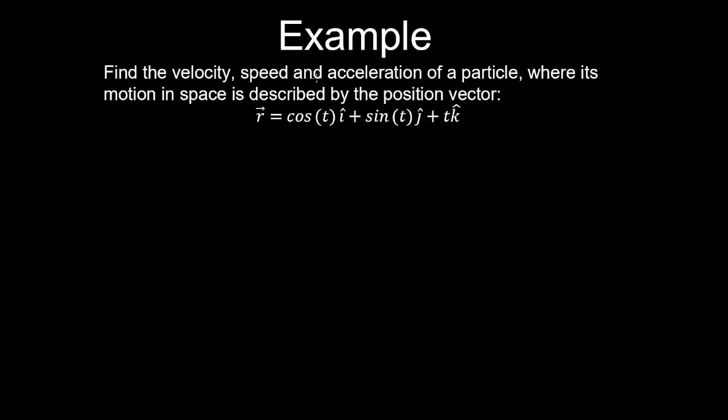Find the velocity, speed, and acceleration of a particle where its motion in space is described by this position vector. So the velocity is the first derivative of the position vector with respect to time. So we get minus sine t in the x direction plus cosine t in the y direction plus 1 in the z direction.